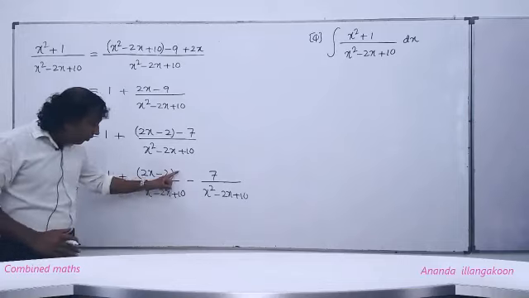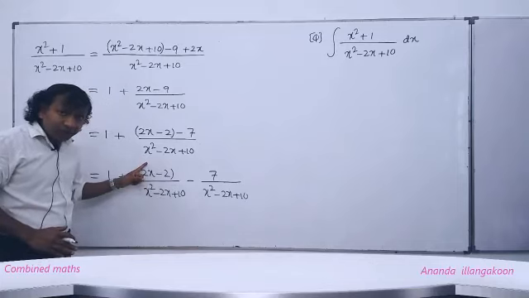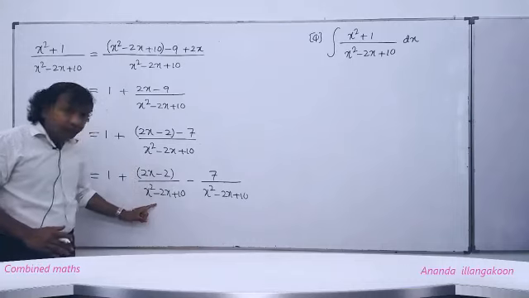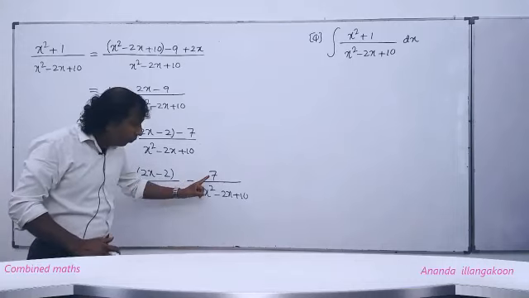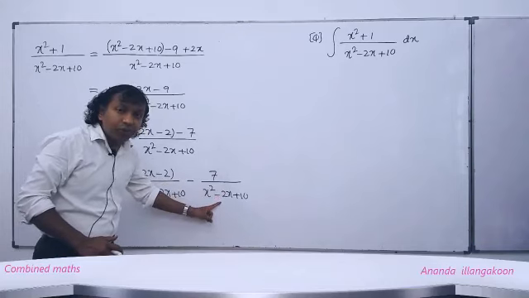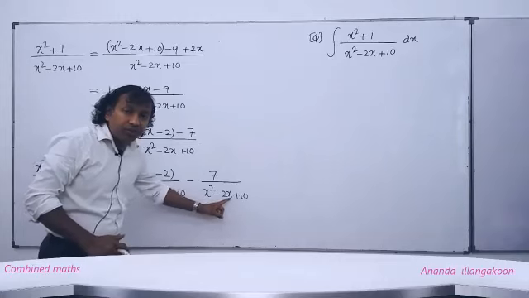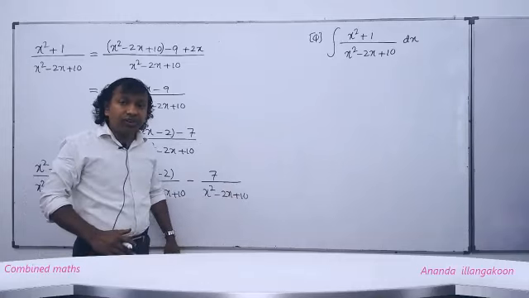How to integrate this? Derivative of the denominator is available at the numerator, then ln denominator. People, here when you take the 7 out, you know constant divided by quadratic function, you know how to integrate. This is not factorable. Then complete the square, then through tan inverse you get the answer for this.